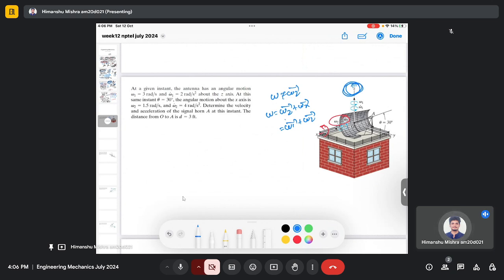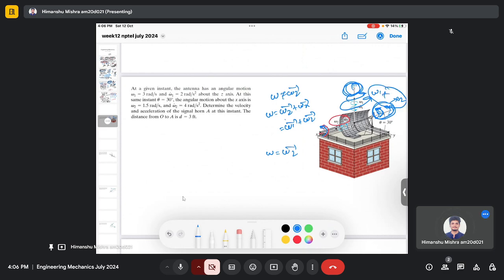So this will be the resultant angular velocity of this antenna. If there is no angular velocity about the z-axis, then the resultant angular velocity is easy to visualize. It will be just omega 2. That is, this antenna is moving like this along this x-axis. But since there is a motion along the z-axis as well, it is not just this angular velocity, it is this, which is omega 2, plus this, which is omega 1.